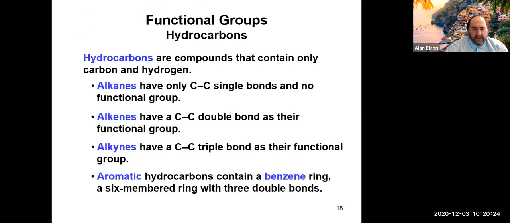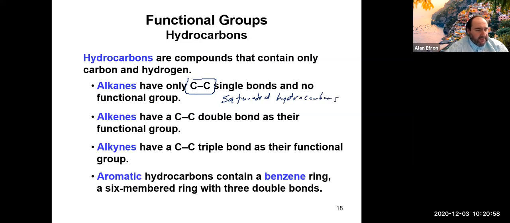So let's talk a little about some of these, which we did earlier. Hydrocarbons, much like the name implies, are basically all carbons and hydrogens in the organic molecule. If those hydrocarbons are alkanes, they all have carbon-carbon single bonds, as I mentioned earlier, as our functional group. And if they do, they are sometimes referred to as saturated hydrocarbons.